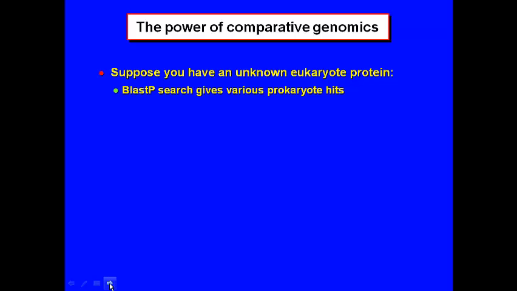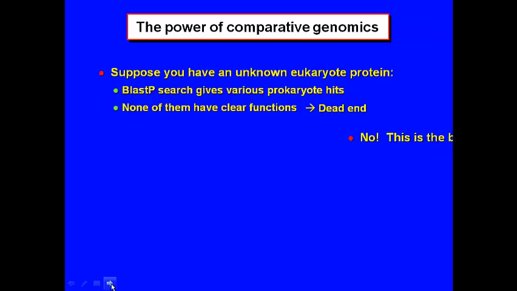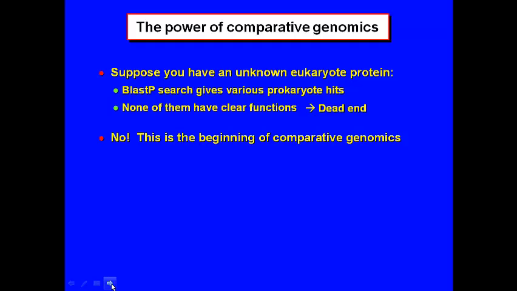And then you read the annotations, and none of those prokaryote hits have clear functions. You could perfectly well substitute unknown eukaryote protein, or unknown prokaryote protein there as well. So you've reached a dead end. Well, no, you haven't. This is where comparative genomics begins.